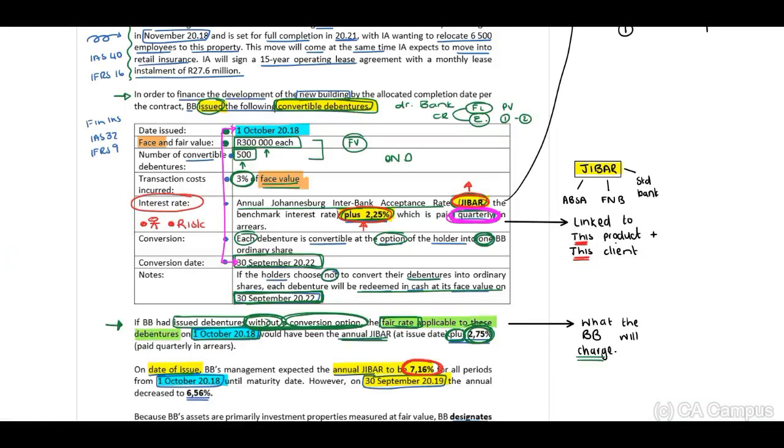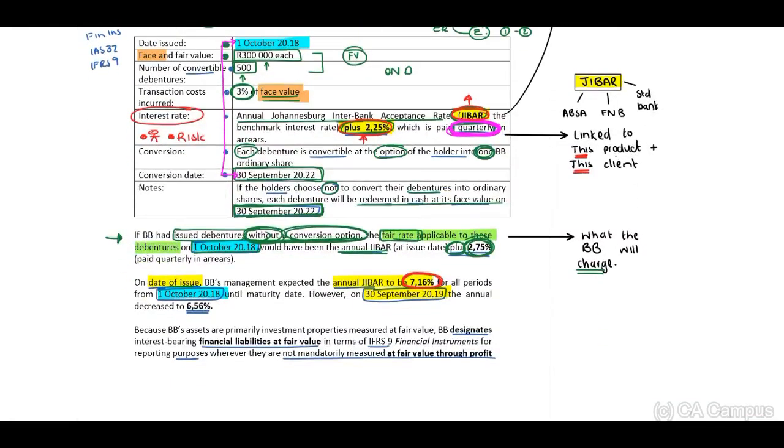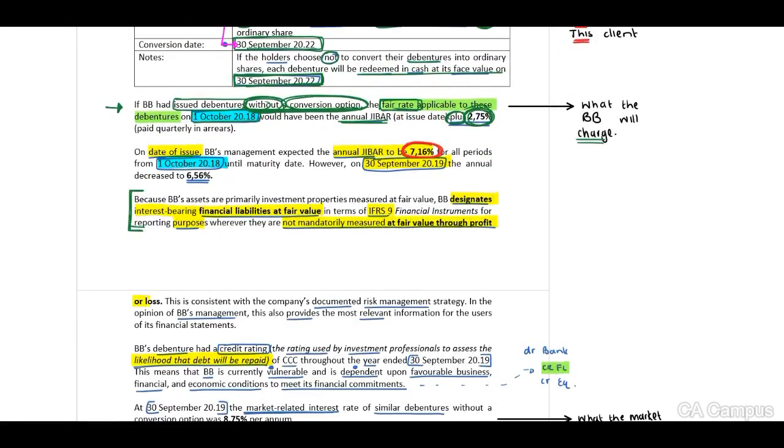Now, when we refer to the given scenario again, you will remember that they have indicated to us, the paragraph on the left side of your screen: because BB's assets are primarily investment properties measured at fair value, BB designates interest-bearing financial liabilities at fair value in terms of IFRS 9 for reporting purposes, wherever they are not managed measured at fair value through profit or loss.